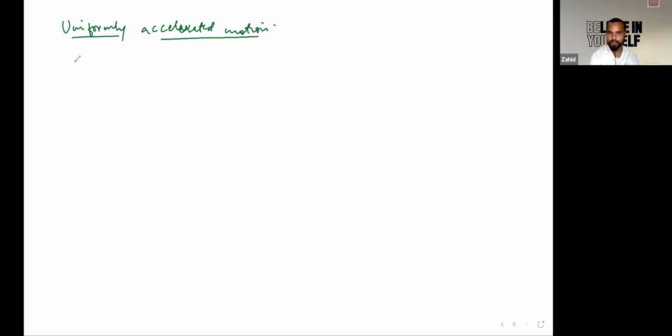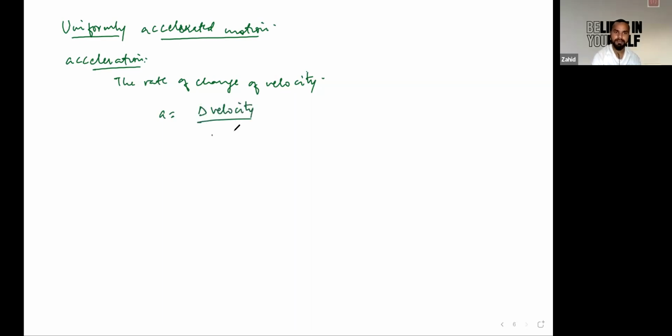So first of all, what do you mean by acceleration? Acceleration is nothing but the rate at which velocity is being changed, or change of velocity with respect to time, or you would say the rate of change of velocity is called acceleration. So a is equal to change in velocity divided by time. Depending upon change of velocity, you will have two different values.